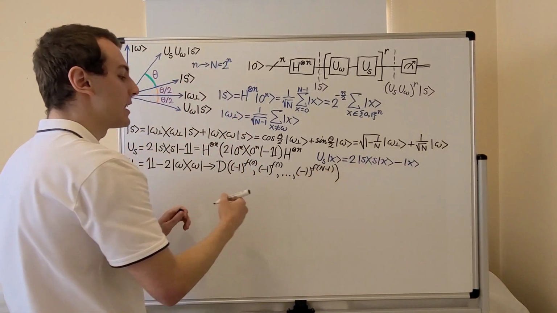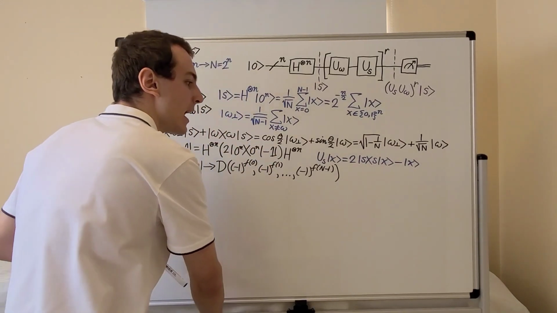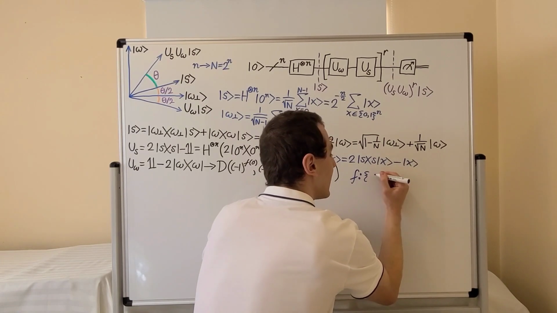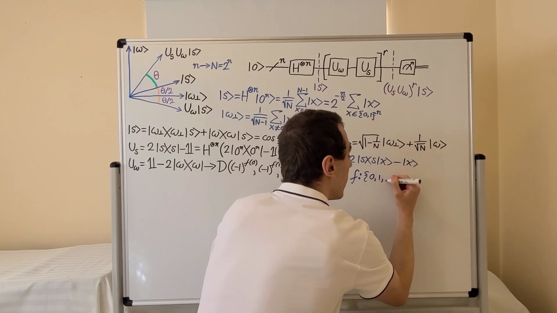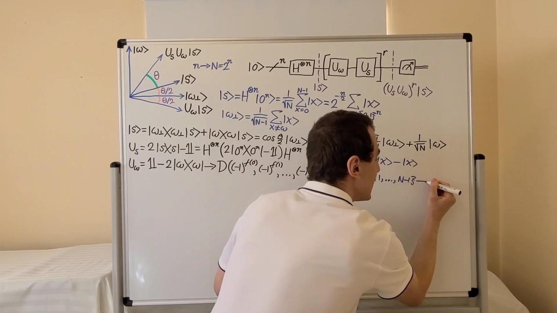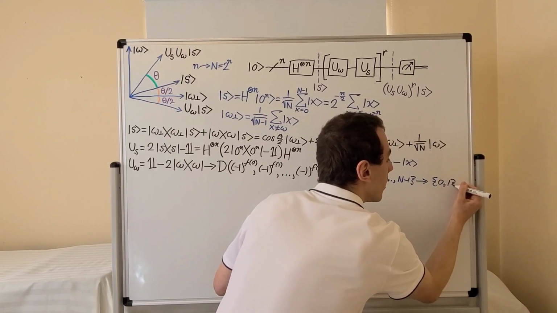So this is what we're dealing with over here. And what is this function f? Well, I'll write this out explicitly. f is a function that takes in inputs from 0, 1, all the way to big N minus 1, and it maps these inputs to either 0 or 1.